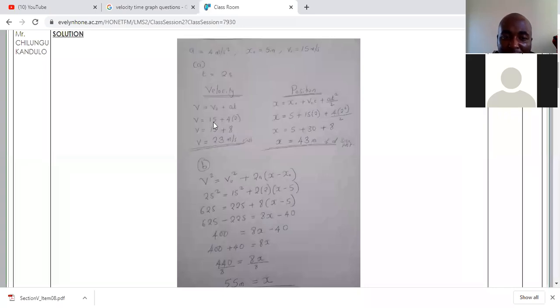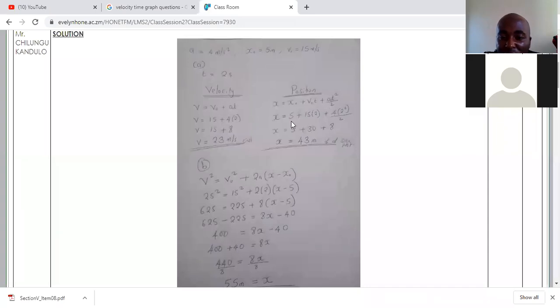So when you work this one out, you say 15 plus 4 times 2. So 15 plus 8 is 23. This is what we should have done. Then for position, x equals x naught plus v naught t plus a t squared over 2.